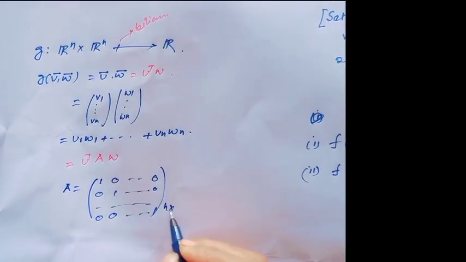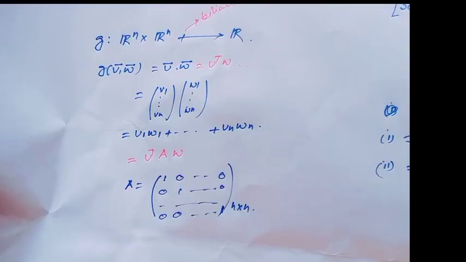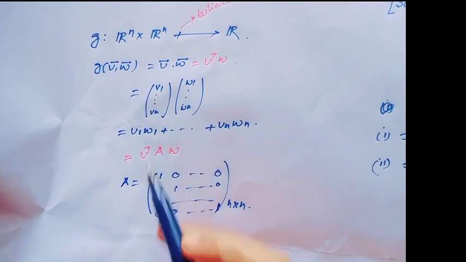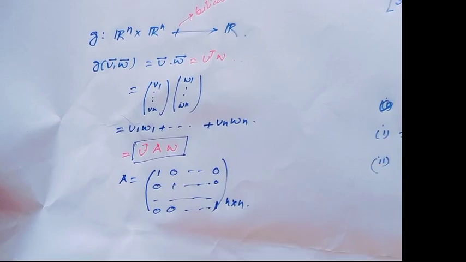This is the n cross n identity matrix. Have you understood?